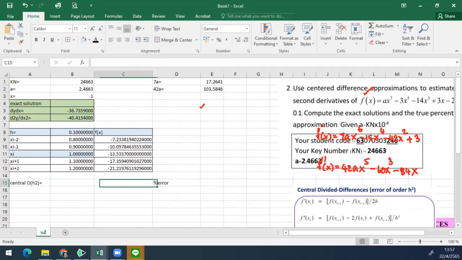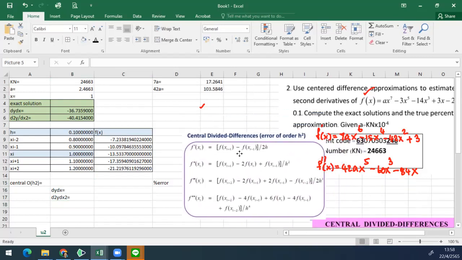We would like to determine dy/dx and d2y/dx2 for the central difference of order h squared.